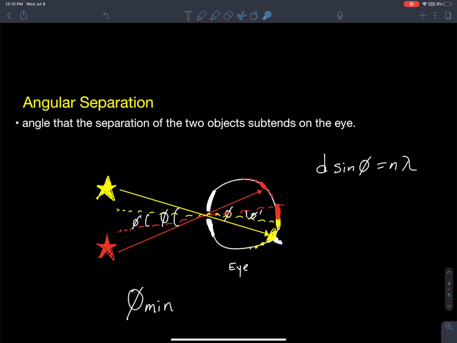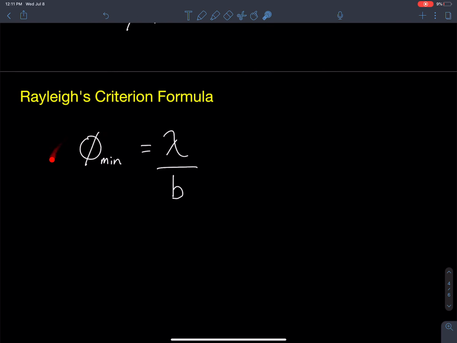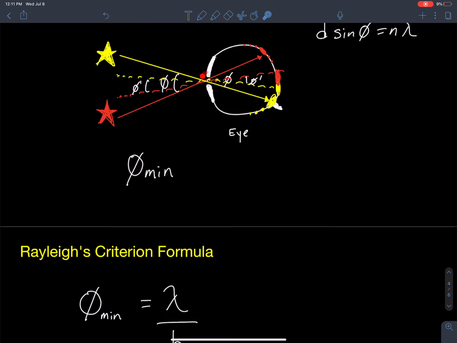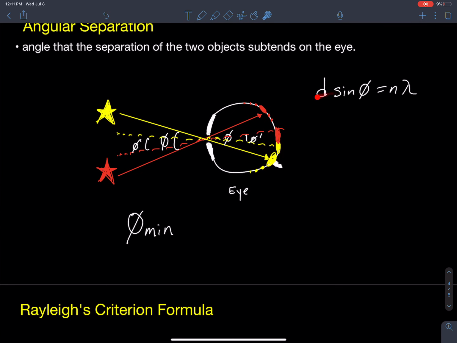So in Rayleigh's criterion, he came up with this formula. The minimum angle that those two objects can subtend on my eye is equal to the ratio of the wavelength of light that is reflecting off those objects divided by b. Now b is my slit width. You'll notice, well, where did b come from? We usually have d in the diffraction formula, and d is my slit width.